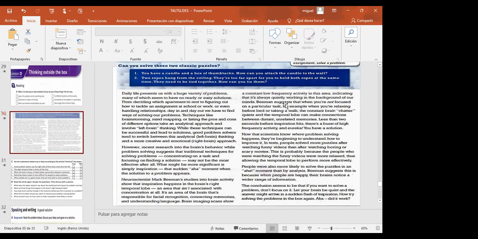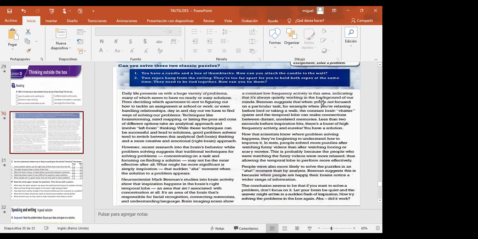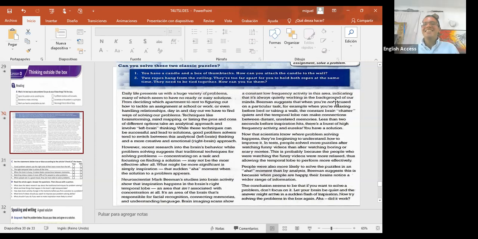So it's like another area. Yeah, it says here, you see? Always quietly working in the background. It's like a computer. Yeah, true. Different apps. It's a different app. Yeah, excellent.